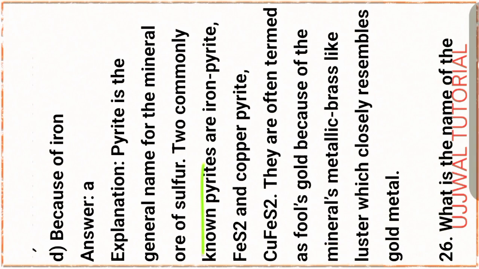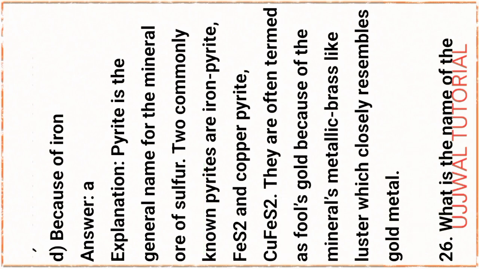Two commonly known pyrites are iron pyrites, FeS2, and copper pyrites, CuFeS2. They are often termed fool's gold because of the mineral's metallic brassy luster, which closely resembles gold metal.